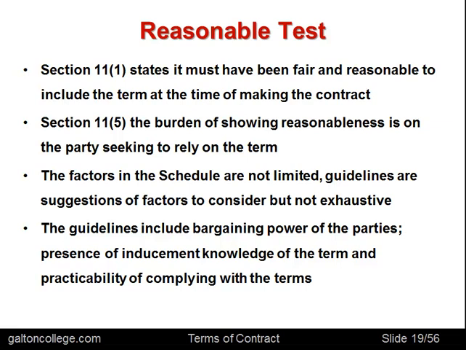If the terms of the contract are such that the parties can't easily comply with them, then that's unreasonable. Or if there were inducements at the start which led the parties to agree to the contract, but when the inducements were taken away later, the contract was deemed to be unfair, that would be unreasonable as well.